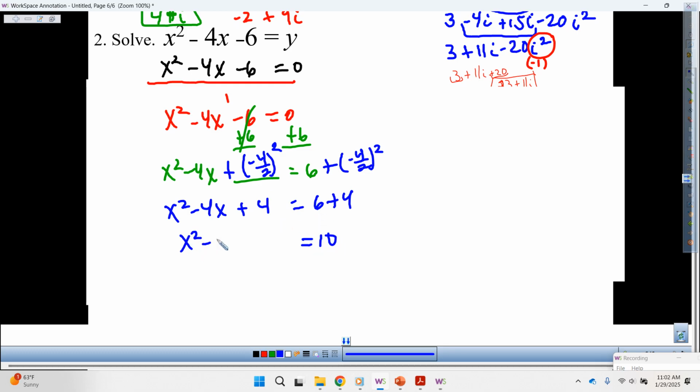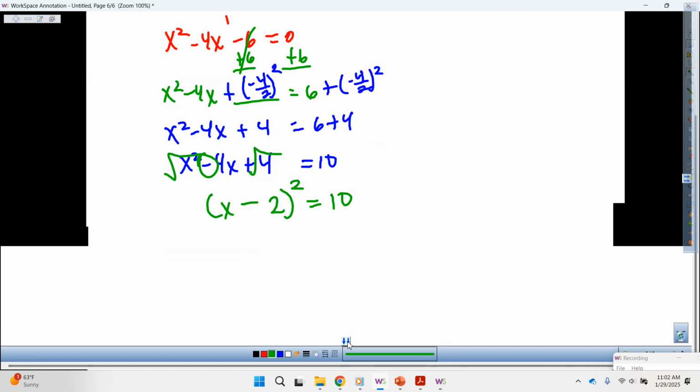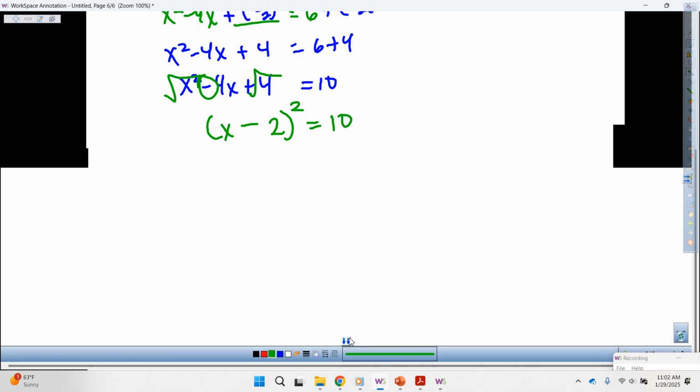So we got x squared minus 4x plus 4. Next step, I factor. So square root of this, square root of this. So that is x. That is 2. Sign of the middle. And I'm just going to go straight to the square. All right? Help me out from there. Enrique, what do I do next?